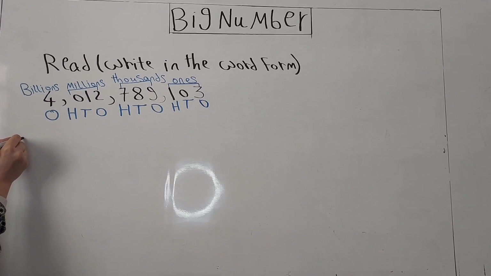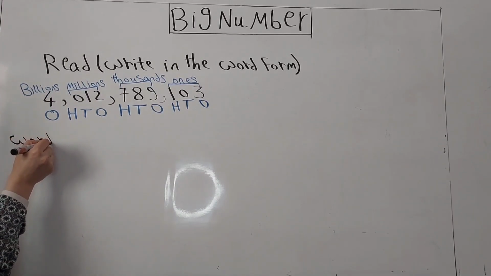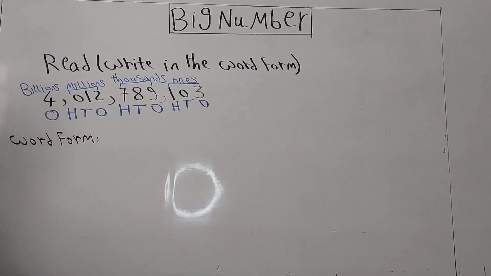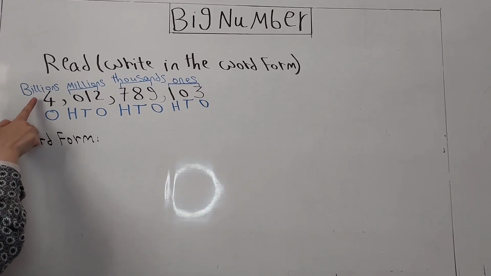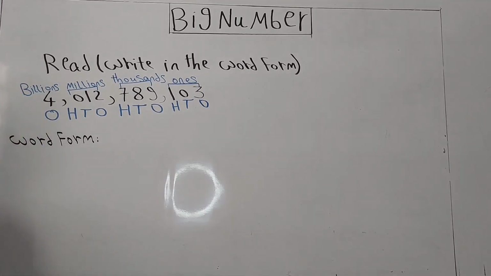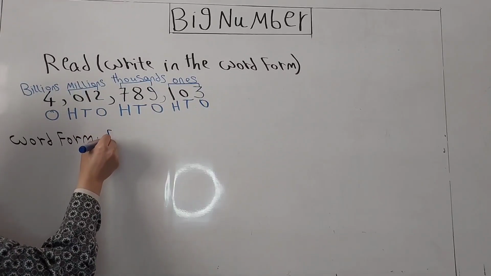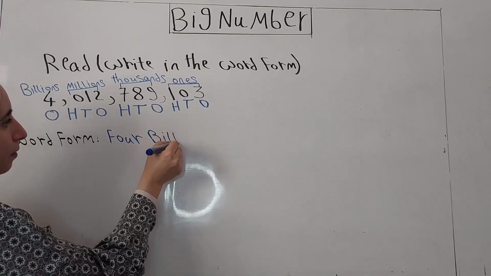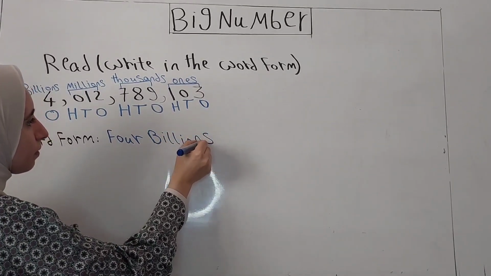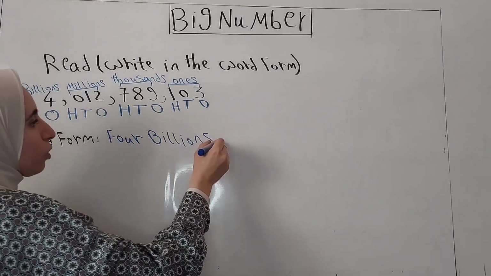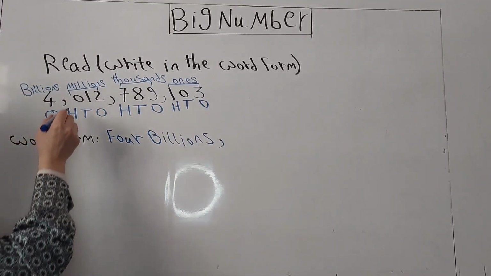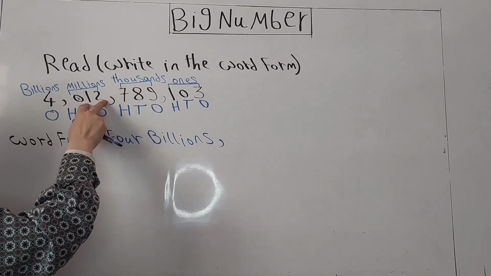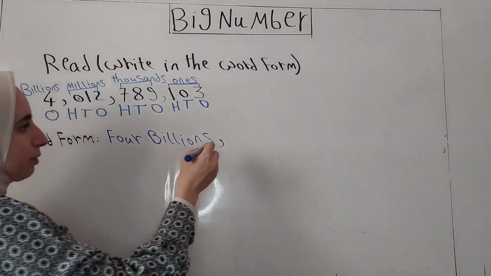So we write the word form as follows: 4, the word ones is not read. 4 billions. Then we go to the millions family. 0 on the left is not read. Then we read this number: 12 millions.